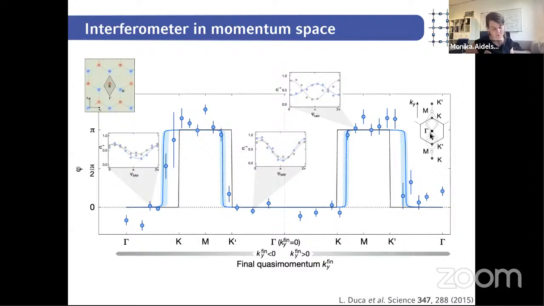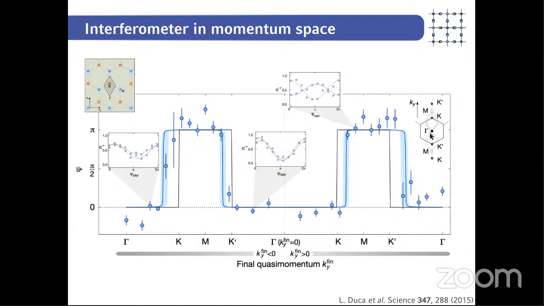If you look at how the quasi-spinor winds around the Bloch sphere in quasi-momentum space, this is associated with the field of a monopole. So if you integrate over it, you get a pi Berry flux. But I'm not sure that's very intuitive. Thank you. Was the monopole covered?